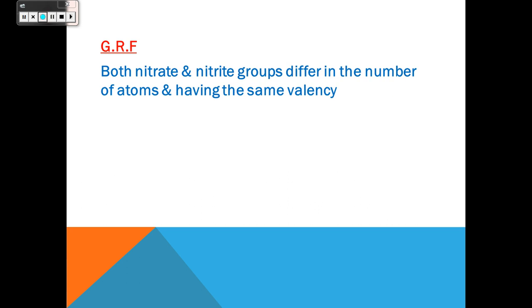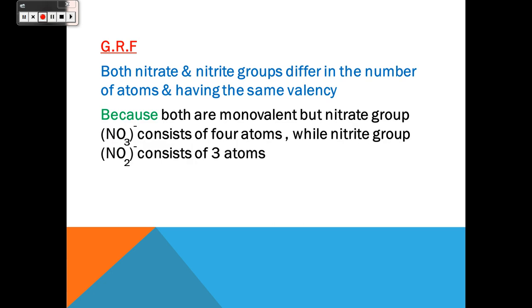And also both nitrate and nitrite groups differ in the number of atoms, but they have the same valency because both of them are monovalent. The nitrate group NO3 consists of 4 atoms, while the nitrite group NO2 consists of 3 atoms.